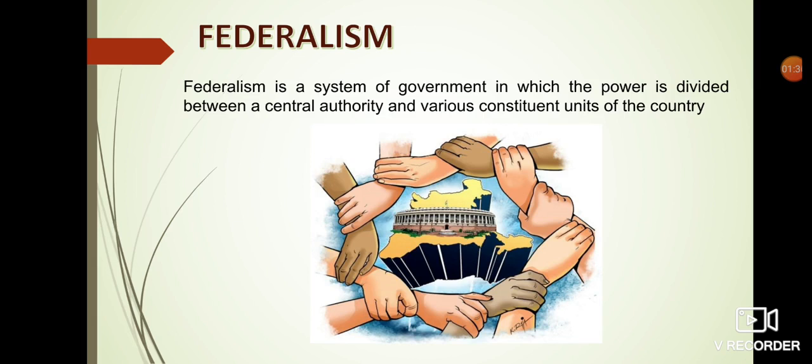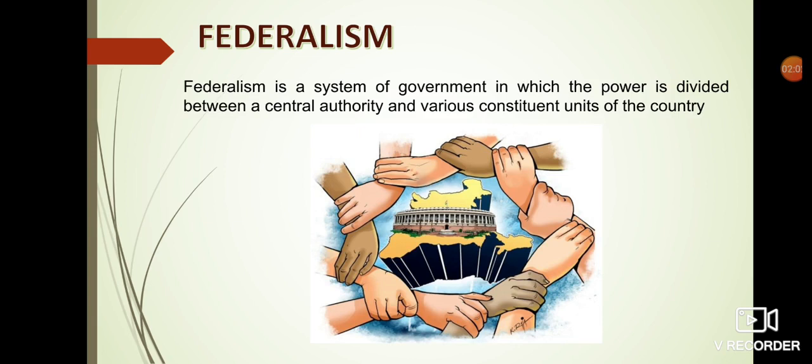One is the government for the entire country, usually responsible for a few subjects of common national interest, and the other is the government at the level of provinces or states that look after the day-to-day administration of their state. Both these levels of government enjoy their powers independent of each other.